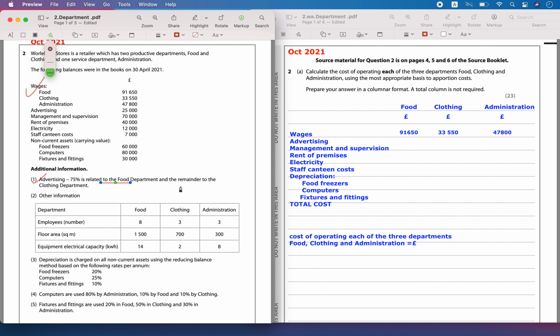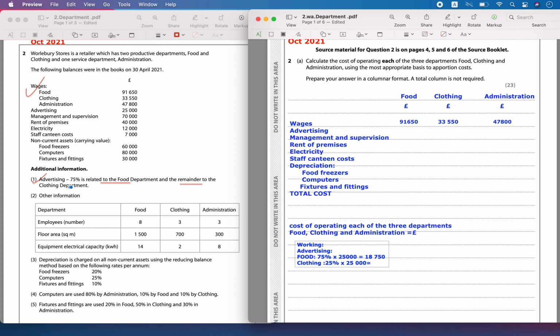So 75% of 25,000 is 18,750 and 25% will be equal to 6,250. Now let's write these values here: 18,750 and 6,250.